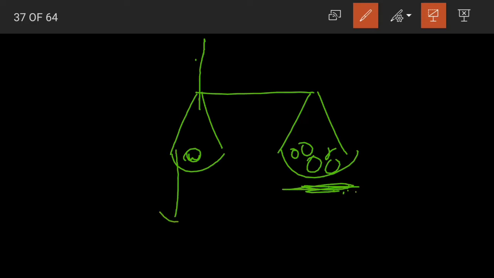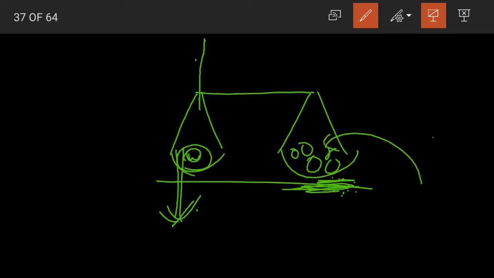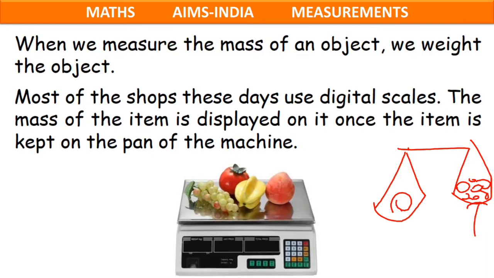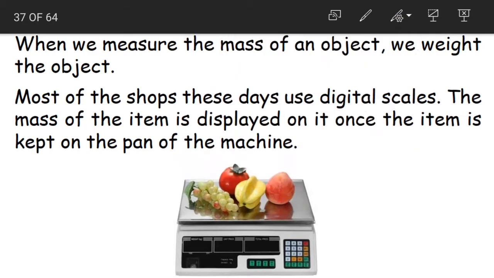And sometimes this side goes down. That means the weight of the objects is less. Understood? So like this you have to balance. If it goes down, then you have to add a few more objects or a few more apples to get the weight balanced. If the pan goes up, then we have to remove some apples from the other plate so that the weight balances. So when we are using balances, it is a little bit difficult.